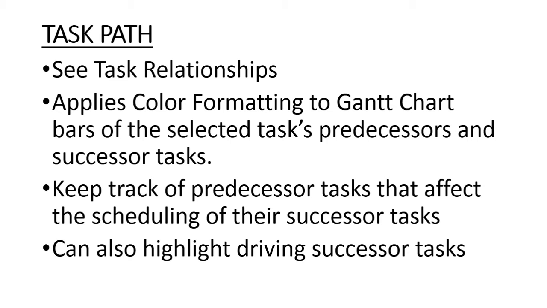We can also highlight the driving successor tasks as well. This is because when you select the particular task, they are the successor tasks that come after it, but among those successor tasks, there could be one or two that have an impact on the scheduling of this task that we have selected.